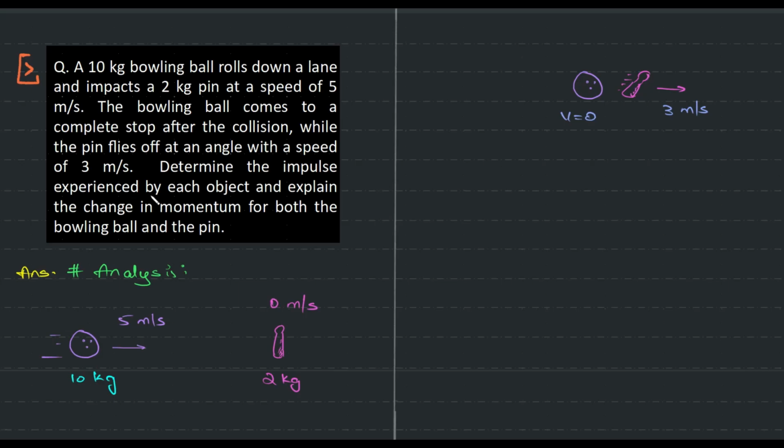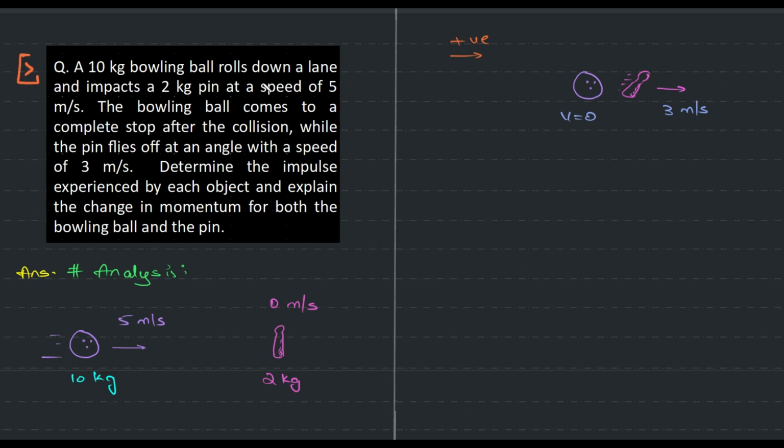Determine the impulse exerted by each object and explain the change in momentum for both the bowling ball and the pin. If we consider right as positive, we can start off with the working. Actually, I don't think I read the question properly.